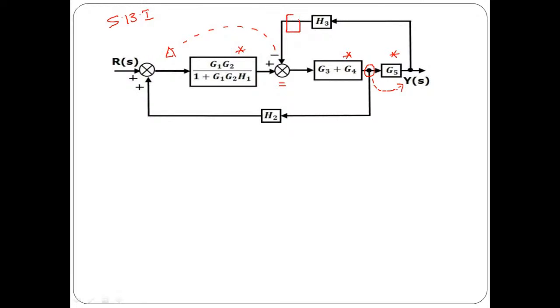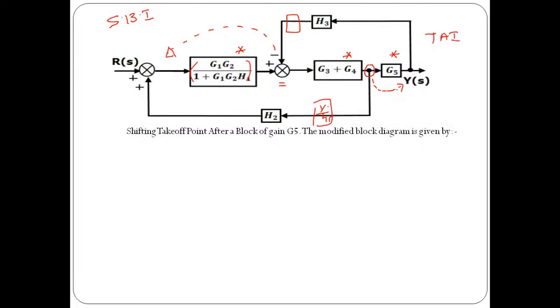So here we need to add a block of gain exactly equal to the inverse of this particular value. Or if you shift this takeoff point after a block, apply the rule TAI. So we need to add an inverse block gain. So here we need to add a block of gain exactly equal to 1 upon G5.